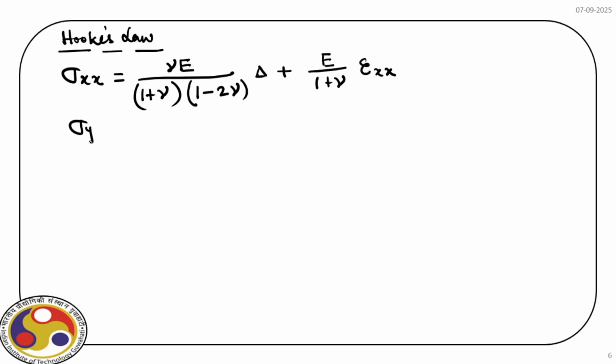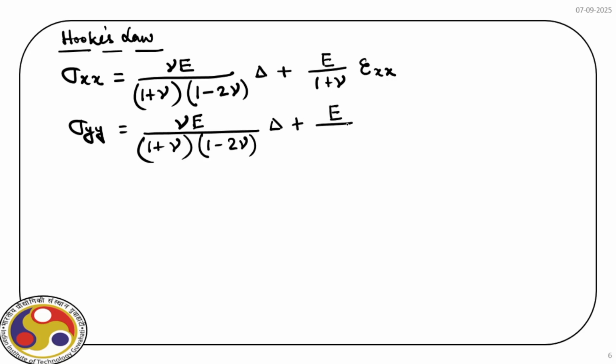Similarly, we can also write down epsilon yy, and the last one is epsilon zz.